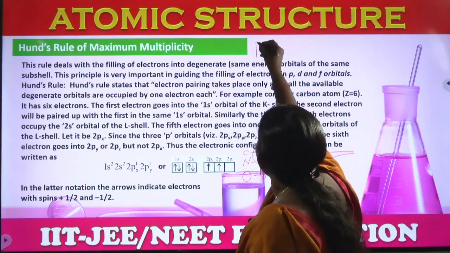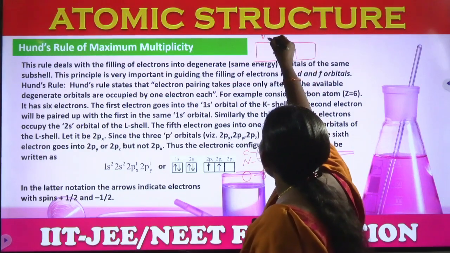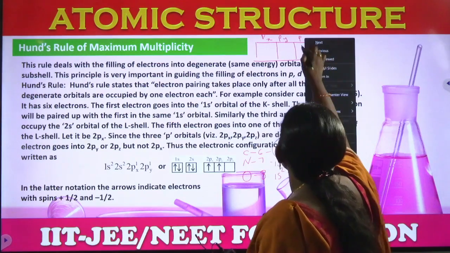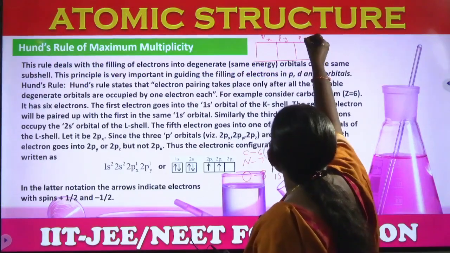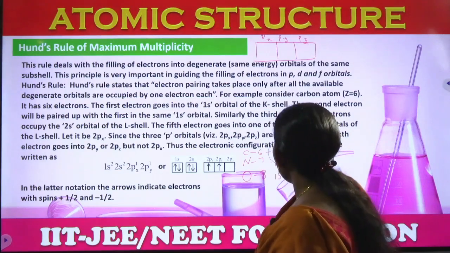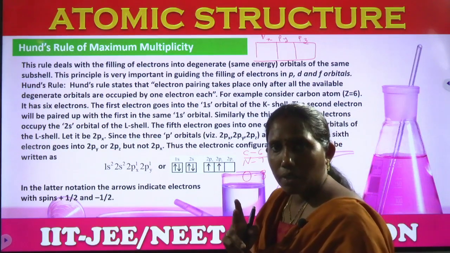What is that p? p has 3 orientations: px, py and pz. Coming to carbon, p has 2 electrons.